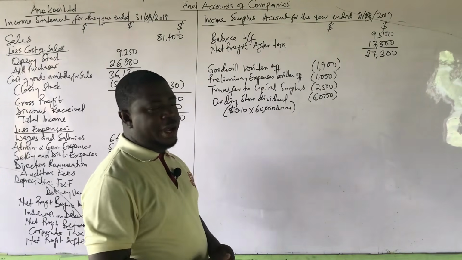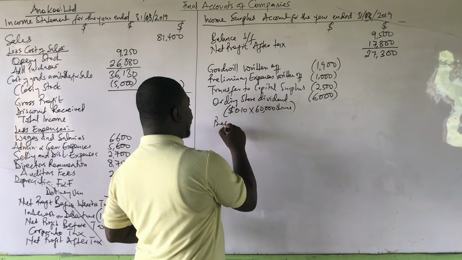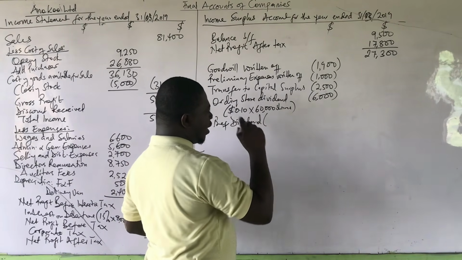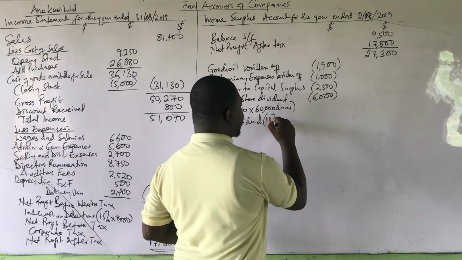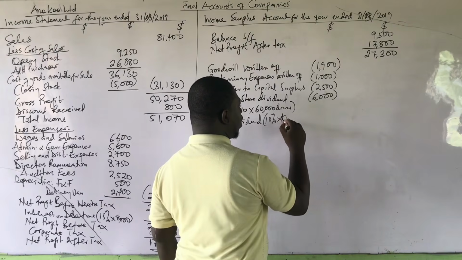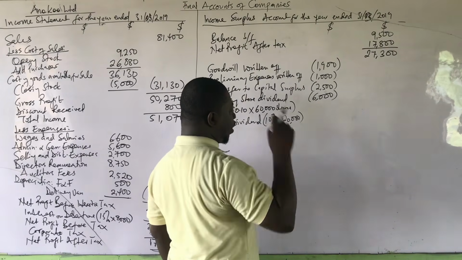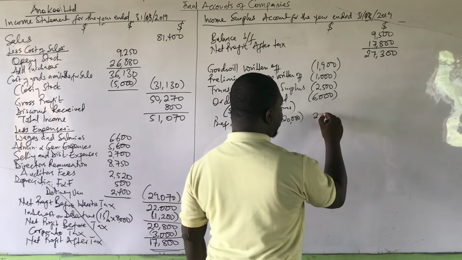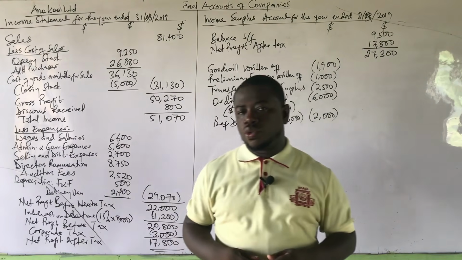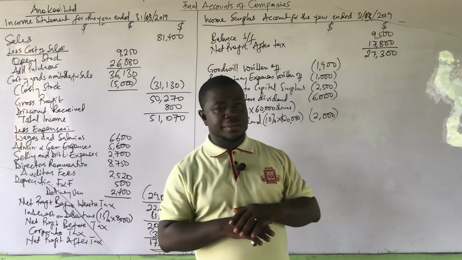But over here, with a preference dividend, we are going to look at a percentage on the value of the preference share. So the value is $20,000. So 10% of 20,000 is going to give us $2,000, which will also be in brackets because it's an outward appropriation from the income surplus.